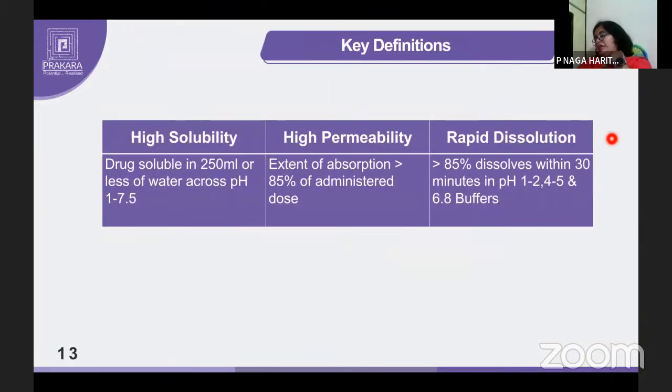Coming to the key definitions that we have to use here: high solubility, high permeability, and rapid dissolution. To better understand this BCS classification, we need these definitions. A drug is considered highly soluble if its highest dose strength dissolves in 250 ml or less of water across a pH range of 1 to 7.5.